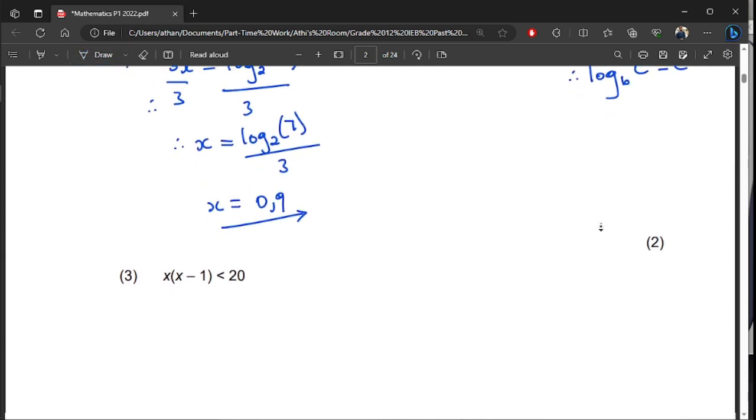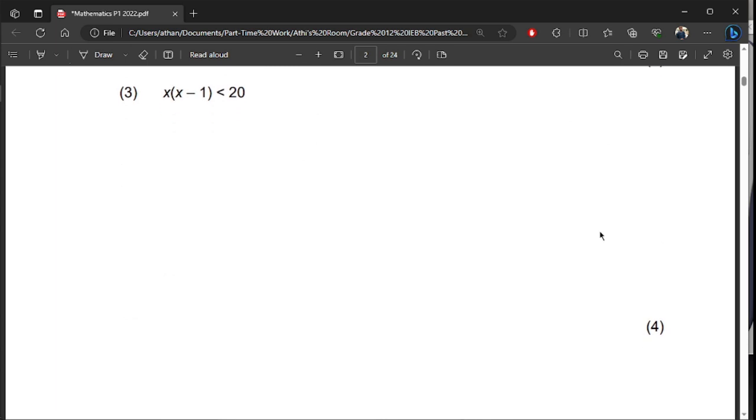Moving on to question 3. Question 3, 4 marks that we have to fight for, and this is an inequality. To solve this inequality, I'm going to distribute the x which is outside, so that becomes x squared, because it's x times x, minus x, because it's x times -1, and this is less than 20.